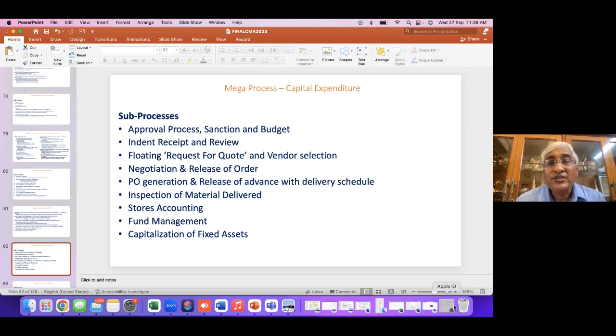Then again, approval process, sanction and budget, indent receipt and review, floating request for quote, vendor selection, negotiation, release of order, PO generation, release of advance with delivery schedule, inspection of material delivered, stores accounting, fund management, capitalization of fixed assets.